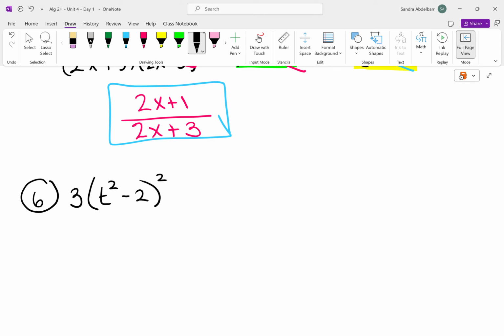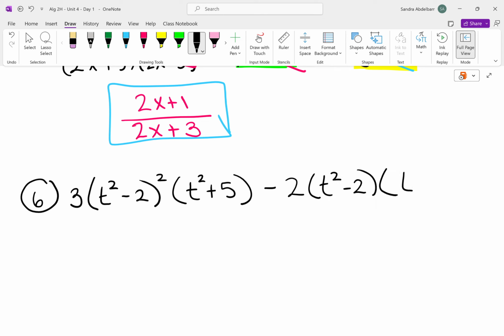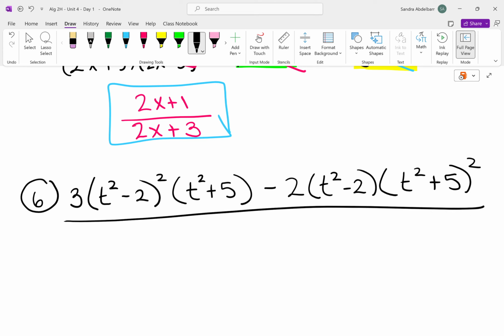All right, this is number 6 from worksheet number 2. Welcome to Algebra 2.